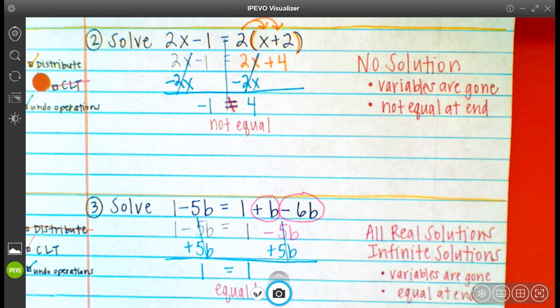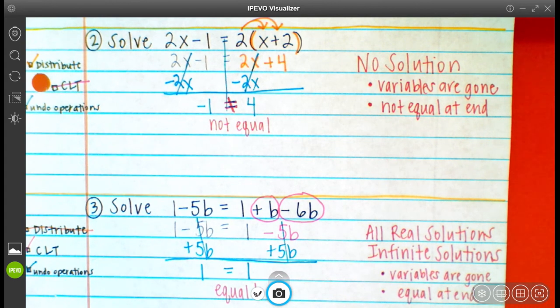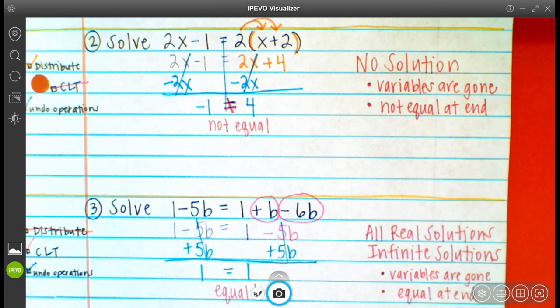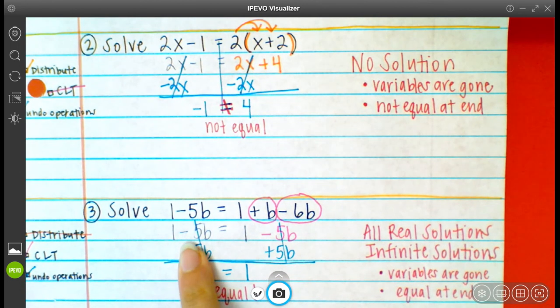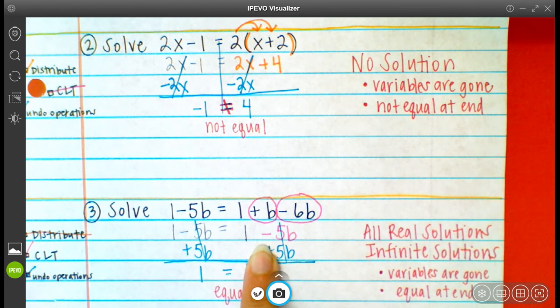Now, there are a few of you smart cookies in this class, and I want to talk to you quick about the fact that right here in our second step, we had 1 minus 5b equals 1 minus 5b. You were already equal in the second step. The left side is literally equaling the right side. They look exactly the same.